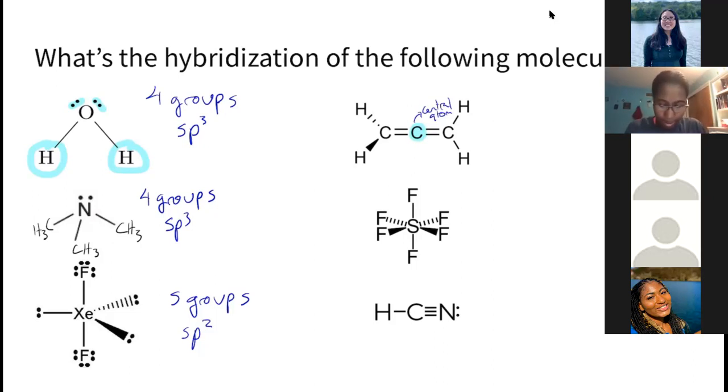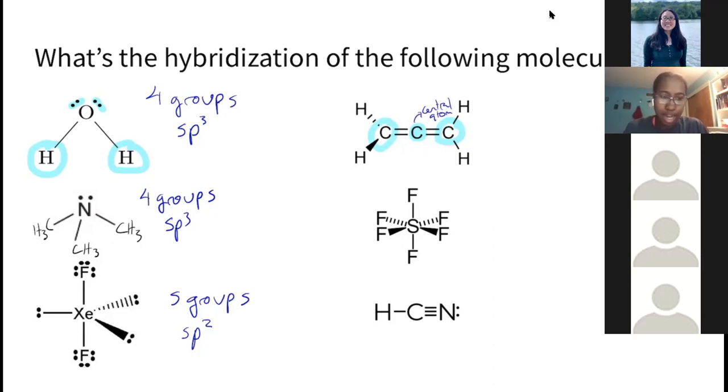4 groups. I see where you're coming from, but actually there are 2 different groups around the carbon. We have 2 other carbons. Does that make sense? Because we've got a double bond between our central carbon and the carbon on the left, and we have a double bond between our central carbon and the carbon on the right. So basically, double bonds and single bonds are kind of the same.